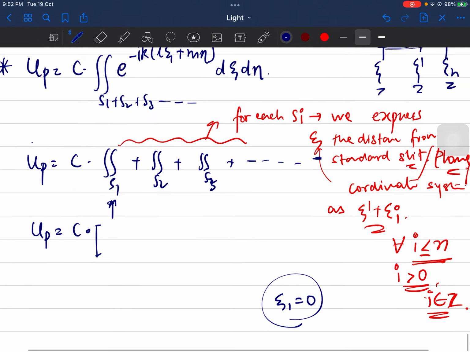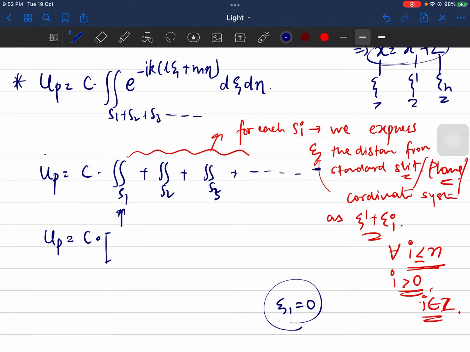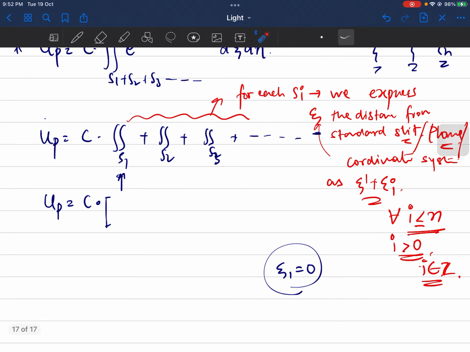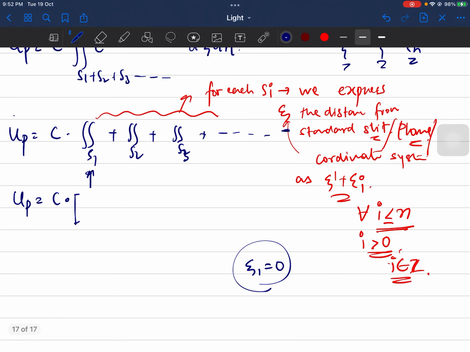So xi becomes xi prime plus 0. The main point to observe is that the integral of ik xi prime is common for all the terms. So what do we get?